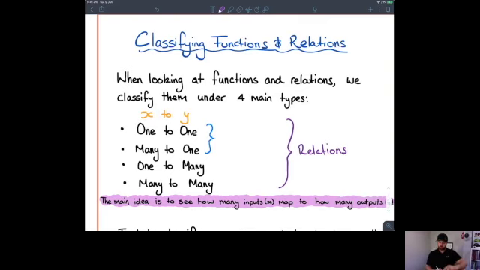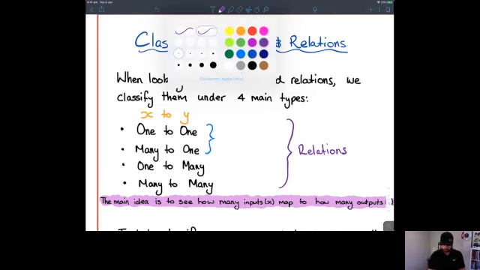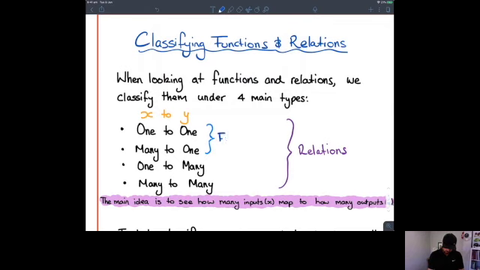But only the top two, the one-to-one and the many-to-one, can be classified as functions. And hopefully you can see that because of that one at the end of it. Remember, for a function to be true, an x must only map to one unique y value. So whenever I have something that goes from whatever it is to one y value, it's a function.